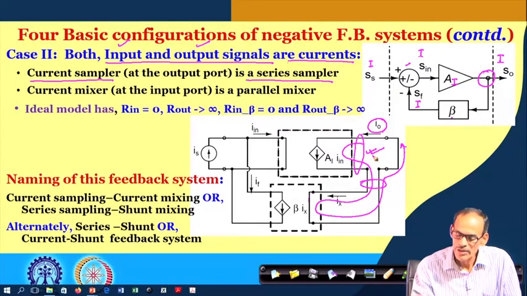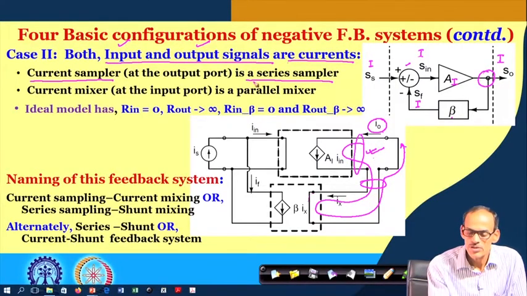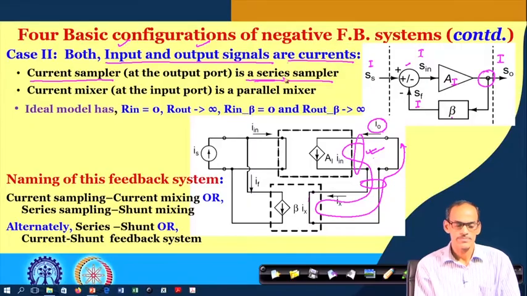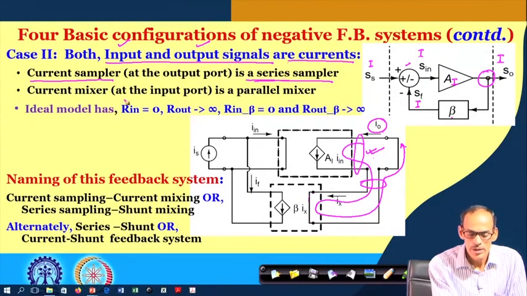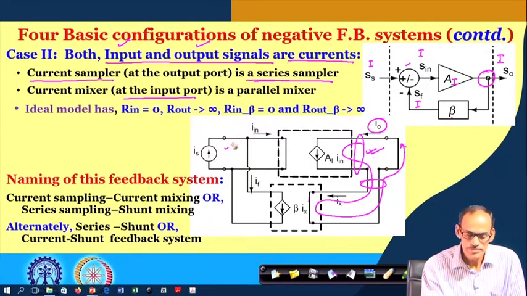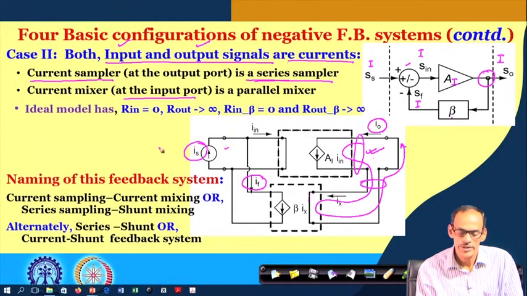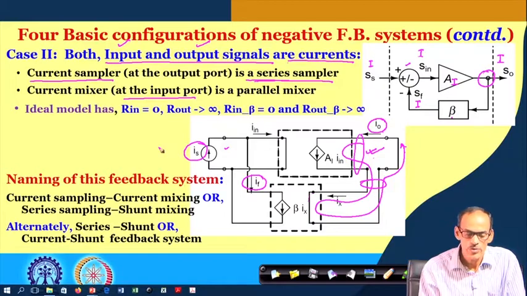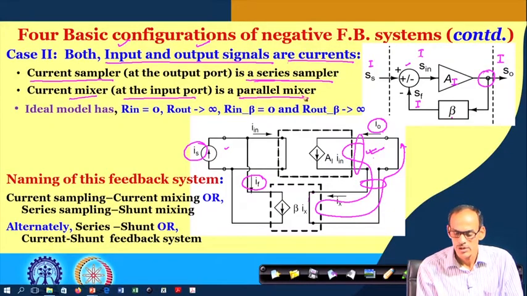So, the sampler is actually a series type of sampler. On the other hand, if you consider the input port, since the feedback signal is in the form of current and the primary signal is also in the form of current, and if you want to mix two currents, we have to make a parallel connection. So, the mixer is a parallel mixer.